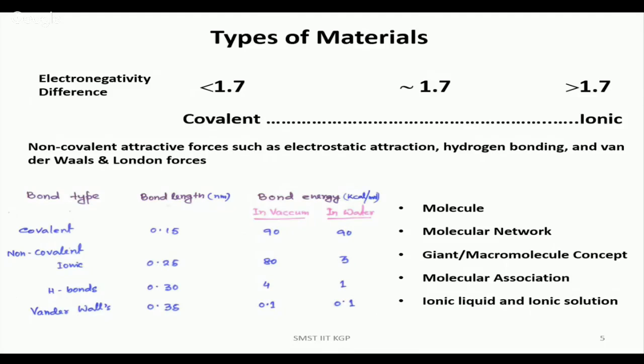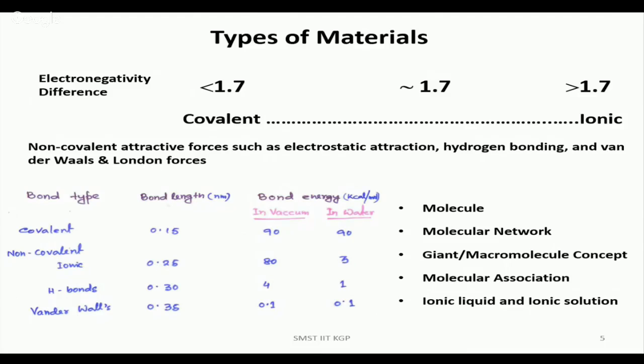Ionic bonds have a bond length of about 0.25 nanometer. They are also very stable in vacuum, but least stable in polar solvents because there is a possibility of solvolysis. There would be ionic interactions that could cause leaching of the ions into the aqueous system.